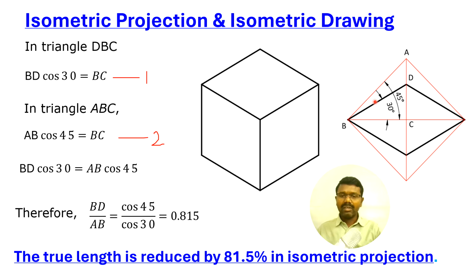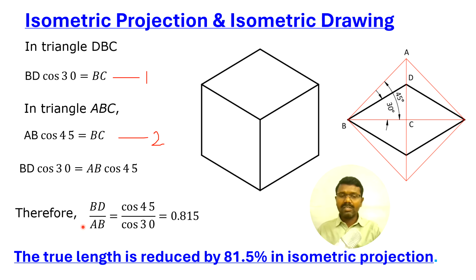Now we need a relation between AB and BD. So BD by AB is equal to cos 45 by cos 30, which is equal to 0.815. BD is the dimension on the isometric projection or isometric view, and AB is the true dimension in the actual square.